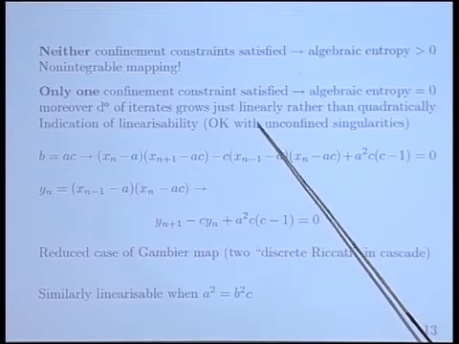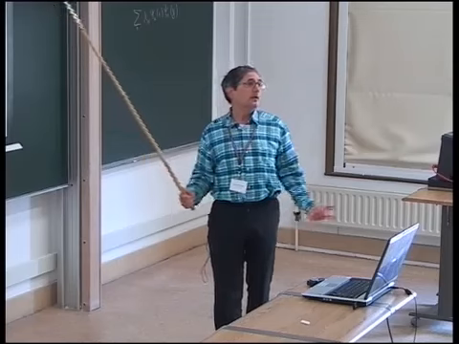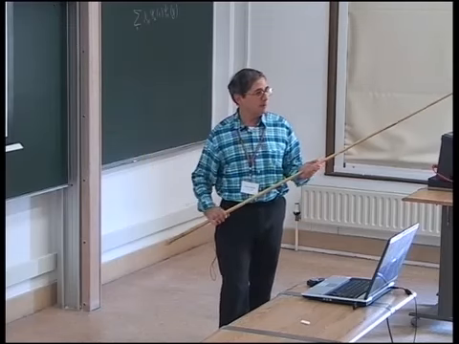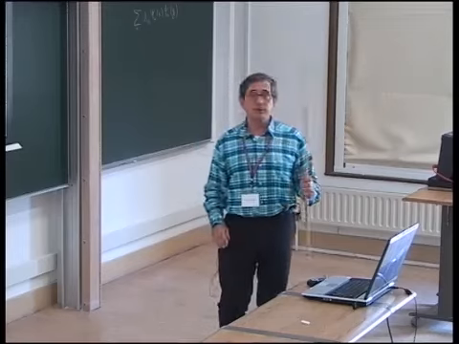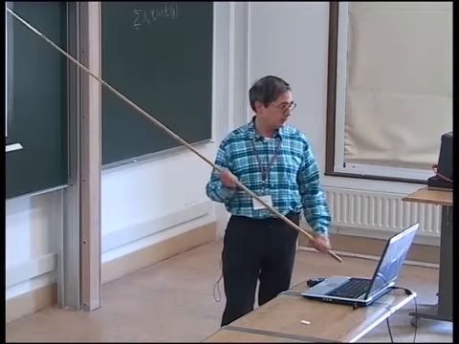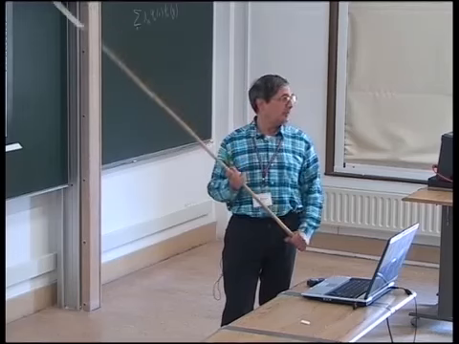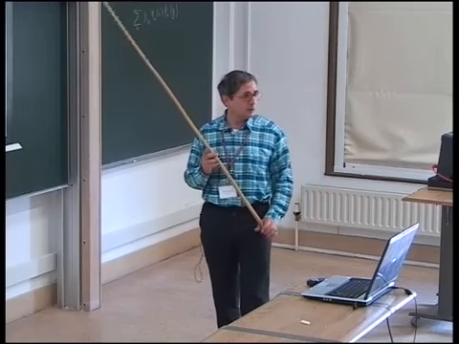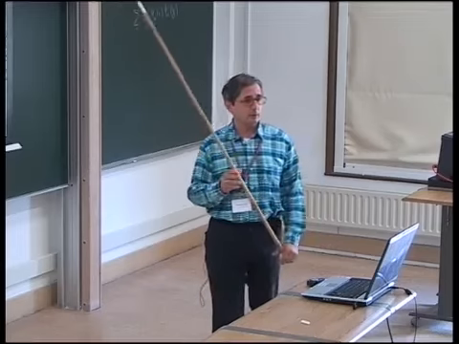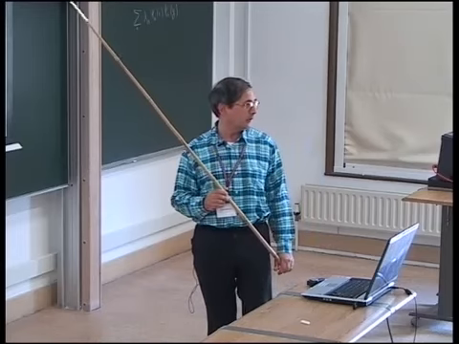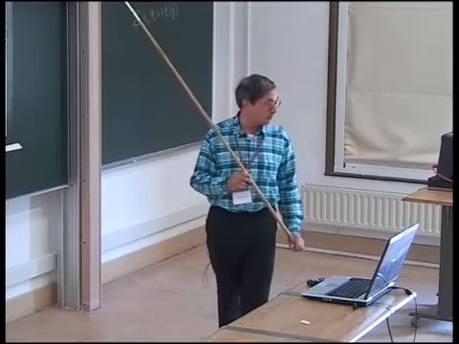It should really be linearizable. And in fact, whenever we have an integrable system which violates single confinement, it cannot be of Painlevé type. It has to be linearizable. It's a signature of integrable systems which violate singularity confinement that they must be linearizable.